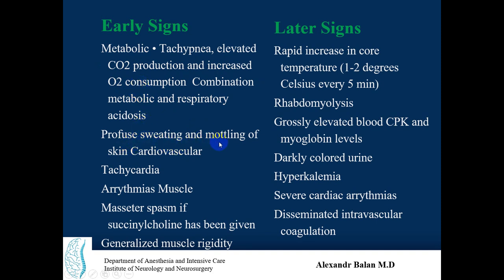Profuse sweating and mottling of skin, tachycardia, arrhythmias, masseter spasm if succinylcholine has been given, and generalized muscle rigidity, at times when you are giving anesthesia to the patient and the patient is relaxed by administration of muscle relaxants.